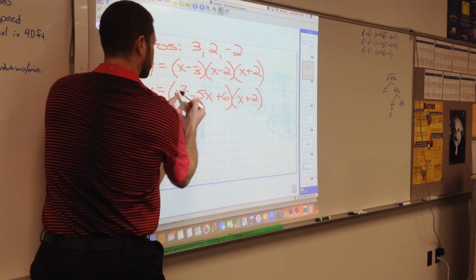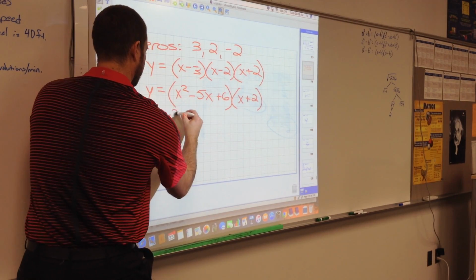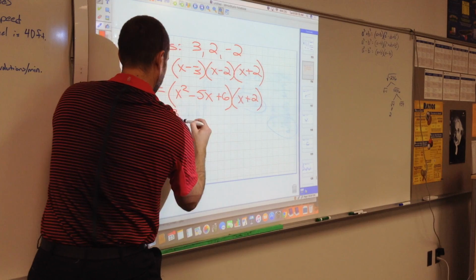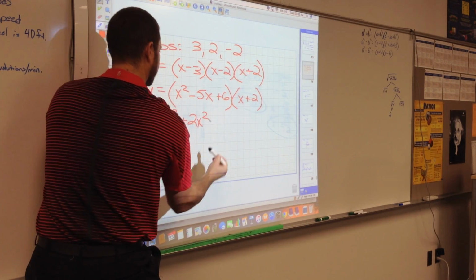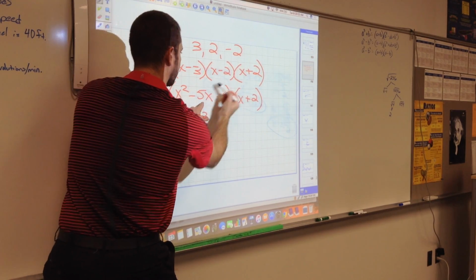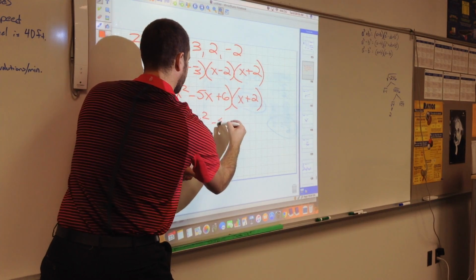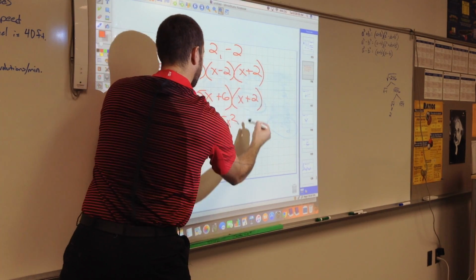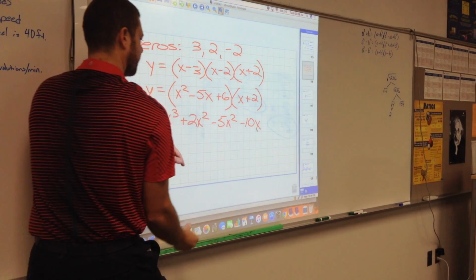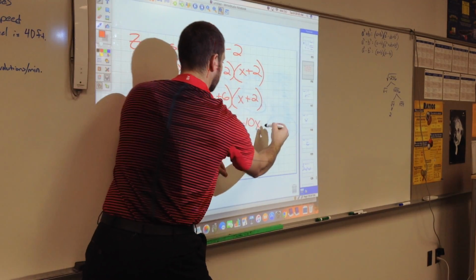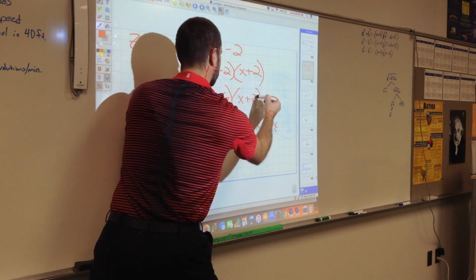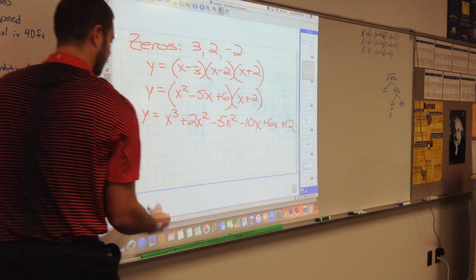So I distribute the x squared, that would be x cubed plus 2x squared. Then I distribute the negative 5x, so negative 5x squared minus 10x. Then I distribute the 6, plus 6x plus 12.